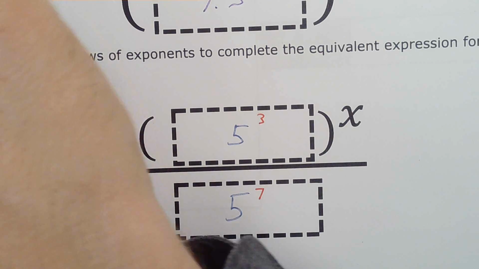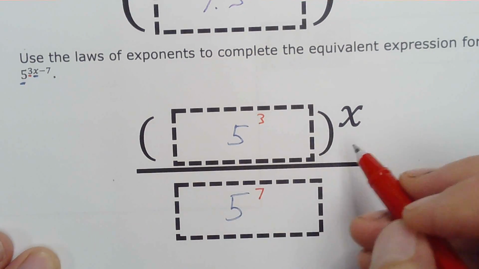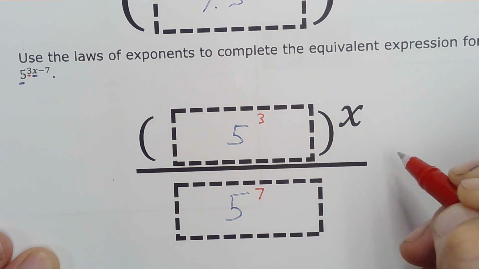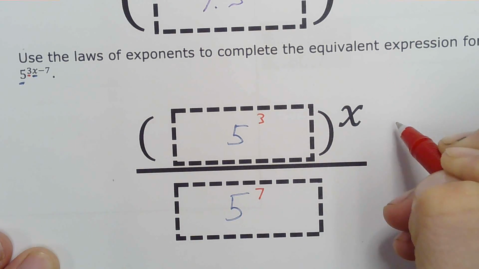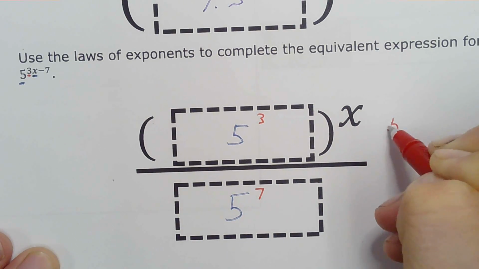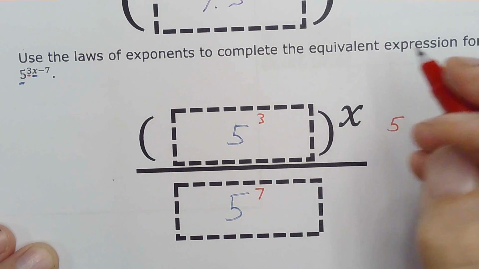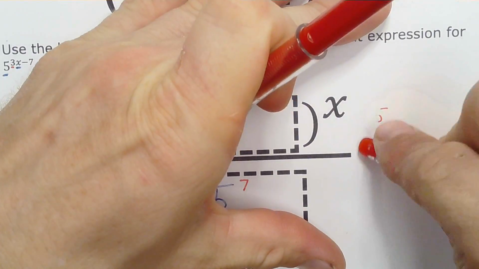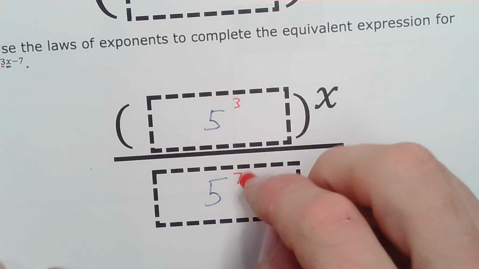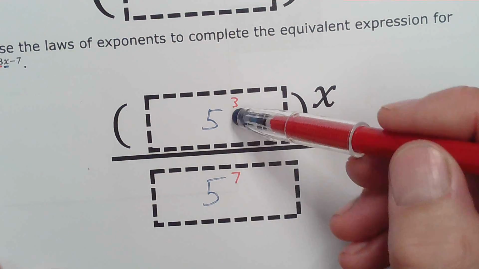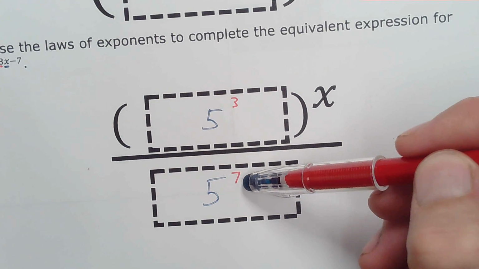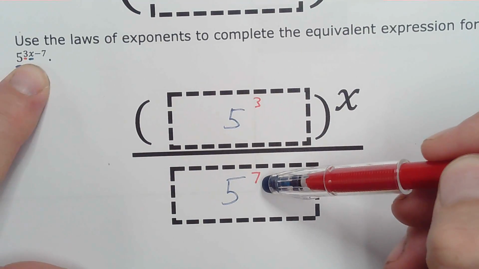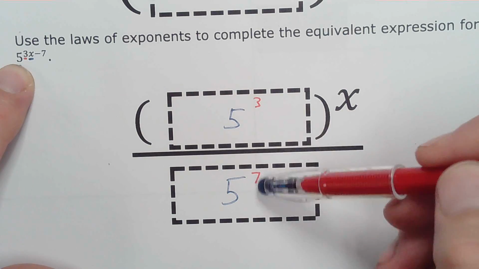Okay, so after you do this one, you multiply everything out and say, okay, well this is going to be 5. I should probably color code this better, because you have to have the same base in order to be able to use the exponents.